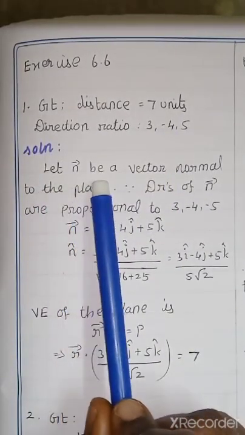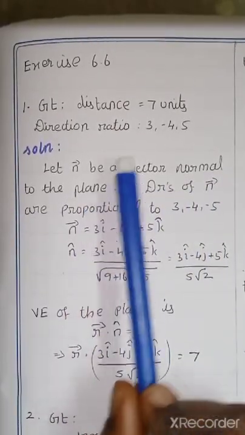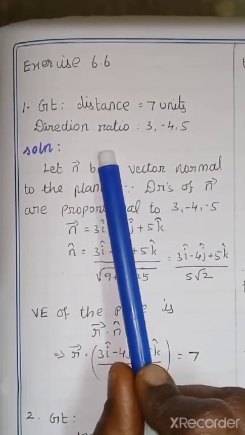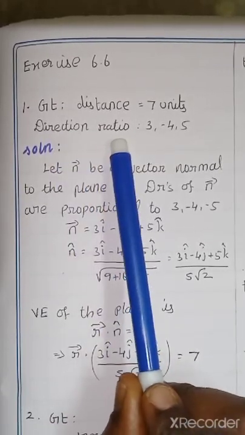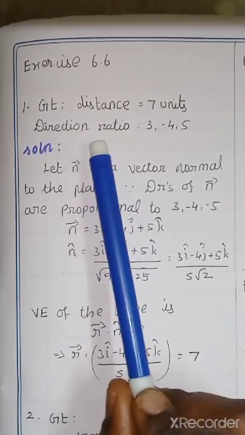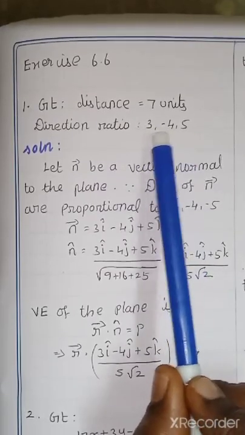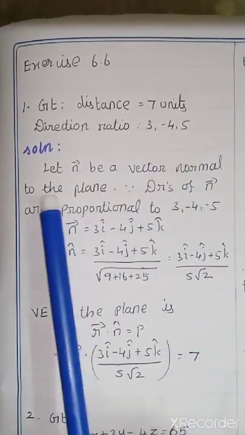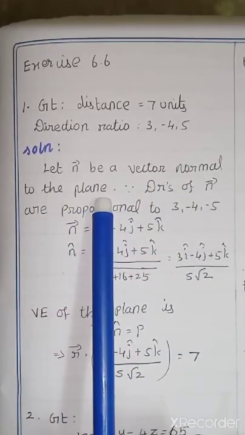Let n be the vector normal to the plane. Here the normal vector is not given, only the direction ratio is given. So first we have to find out your normal vector. The normal vector is nothing but with this you have to add your i, j, k. That's all. So let n be a normal vector to the plane.